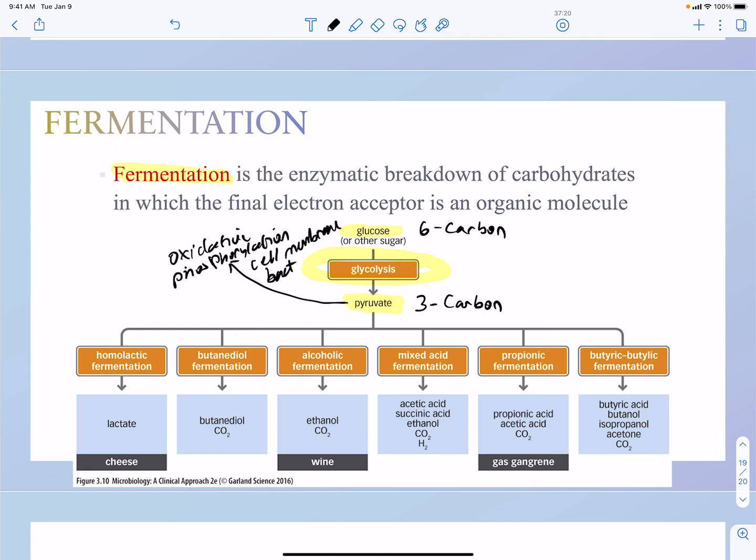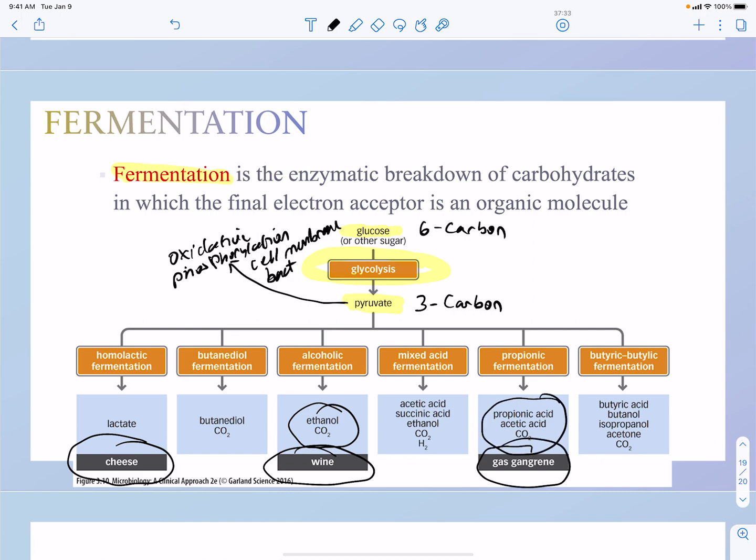Some have lactate, and you can make cheese with that. Some are going to have ethanol, and you can make wine. You can have propanoic acid, acetic acid, and this leads to gas gangrene. So this is a fermentation process by Clostridium. You can also have just a release of isopropanol, acetone, carbon dioxide through butyric fermentation.